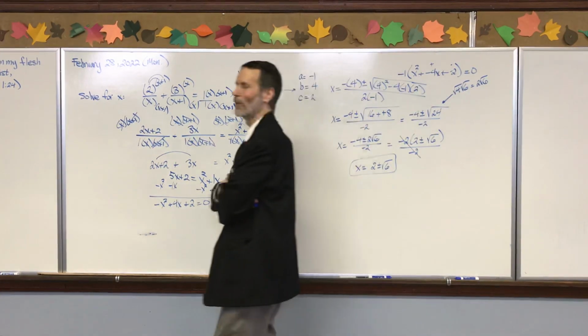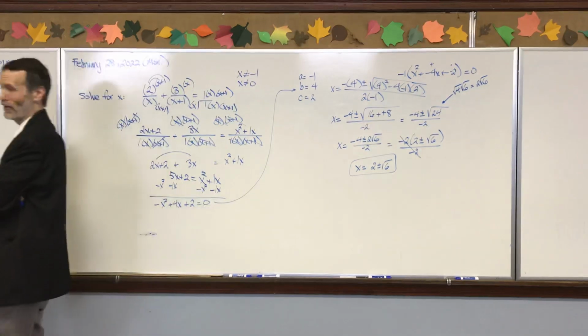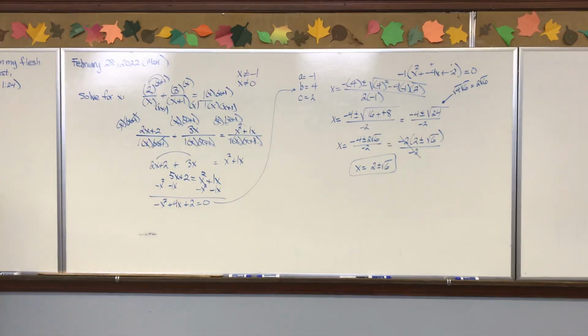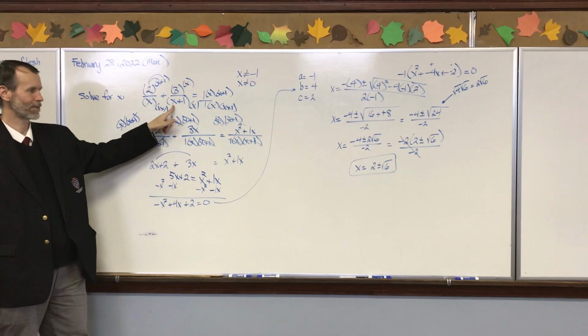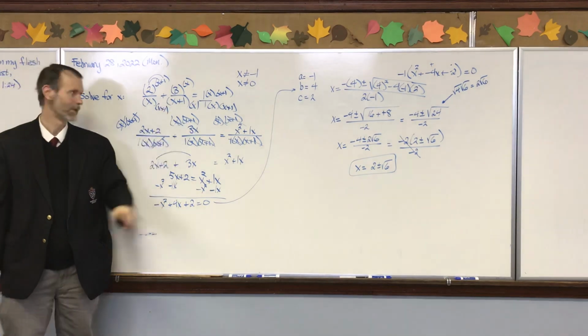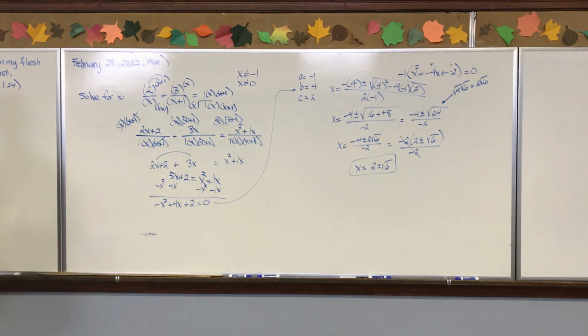Half the time they'll be round numbers, almost half the time fractions. It's rare that you'll get something that looks like that. It's possible, but rare. So this means you put 2 plus or minus radical 6 here, and 2 plus or minus radical 6 here, which is interesting but true. Questions?